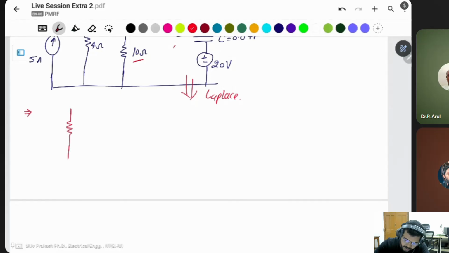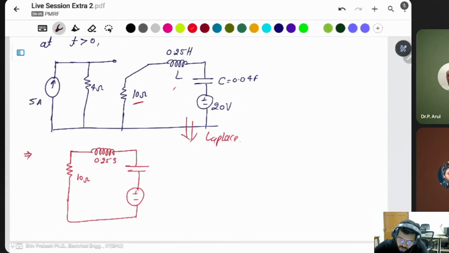A resistor, an inductor, then a capacitor, then a voltage source. 10 ohm, 0.25 S. This will be C, 1 by SC, 1 by 0.04 is 25. That's why this will be 25 divided by S. This is 20 volt, the initial voltage, 20 divided by S.